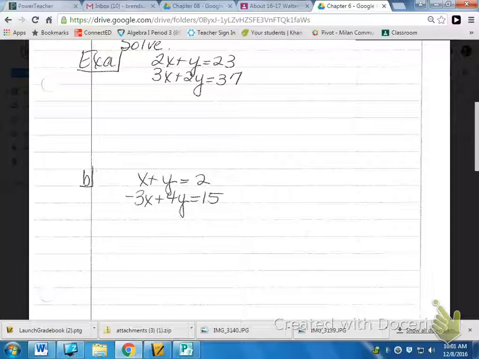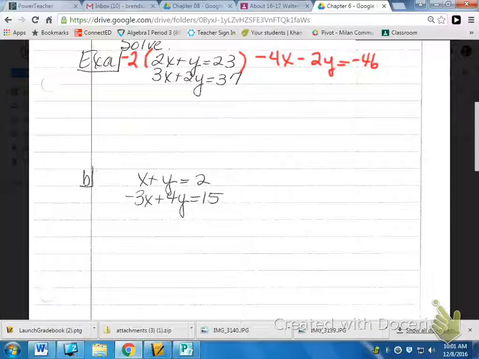It would involve multiplying this top equation by a -2. If I multiply the top equation by -2, then it becomes -4x minus 2y equals -46.